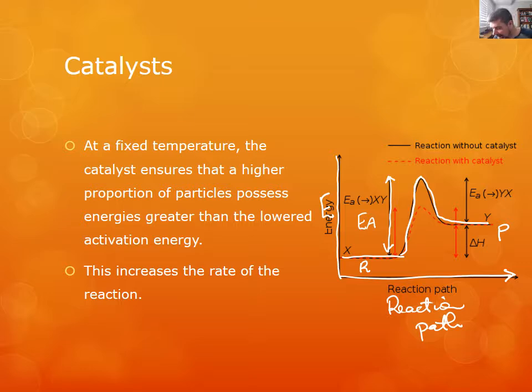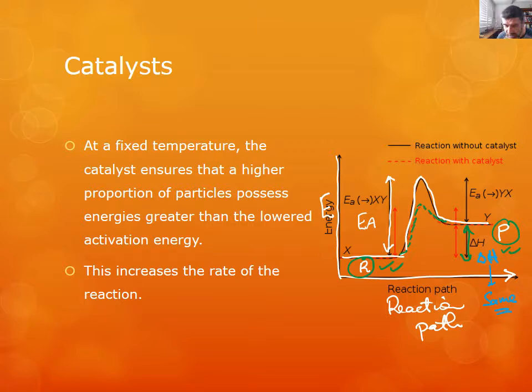Now, what the catalyst is doing is it is changing the pathway. It doesn't change the amount of energy of the reactants, they're the same. It doesn't change the amount of energy of the products, they're the same. Therefore, the delta H value here, that's a bit hard to see, is also going to be the same.